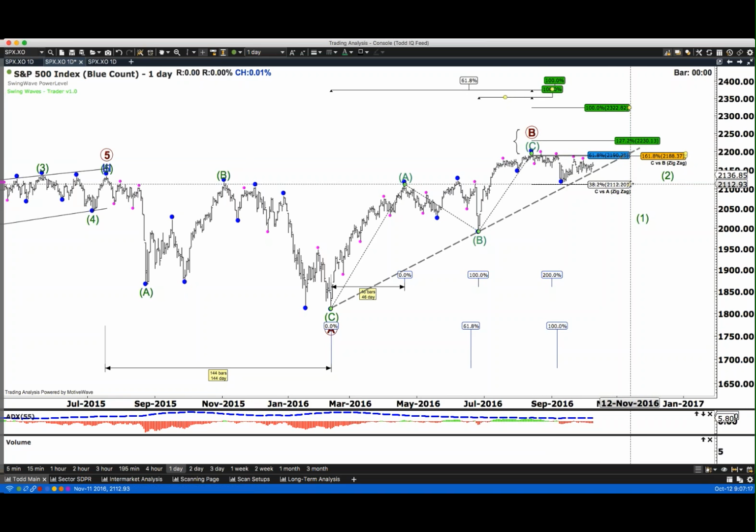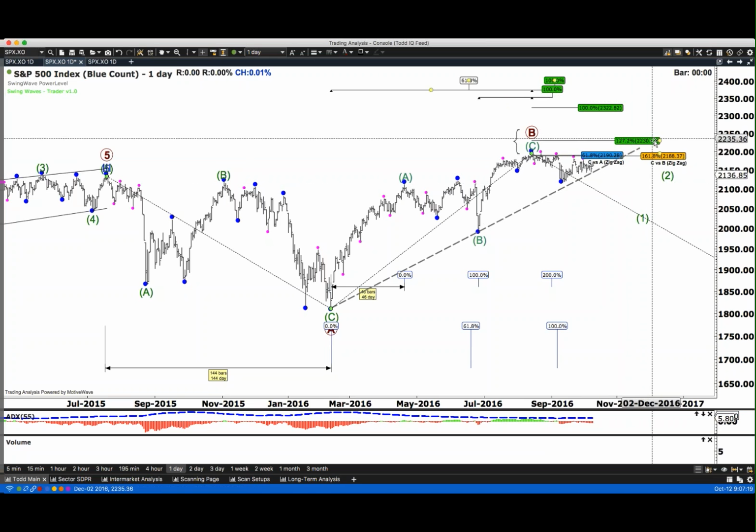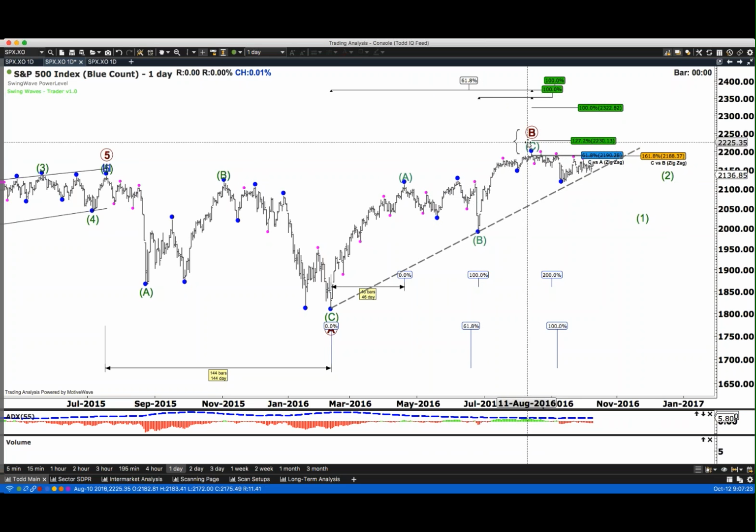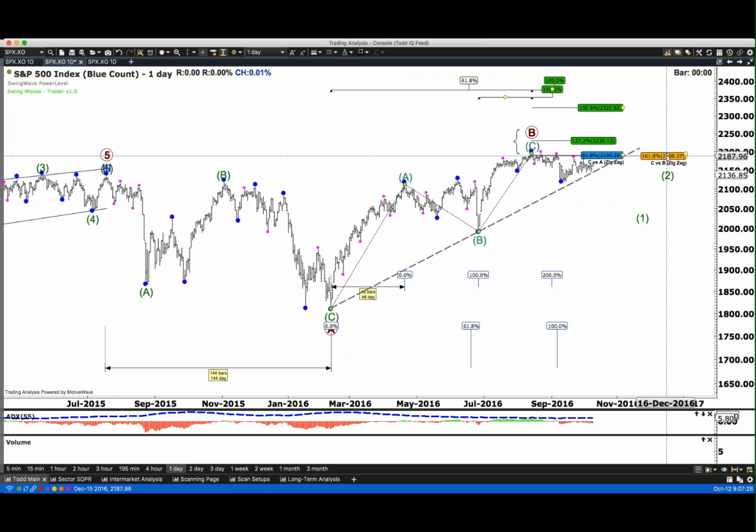On top of that, we have the 1272 external retracement of B up in C.